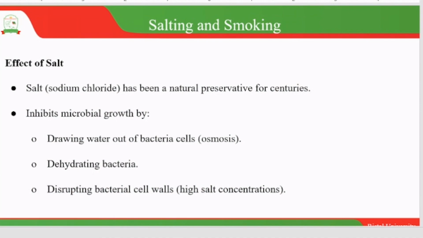through osmosis. We know osmosis. Okay, what happens in osmosis? Liquid moves from areas of low concentration to areas of high concentration. Hopefully, I'm not confusing this osmosis with diffusion.